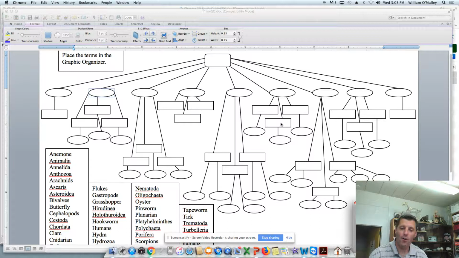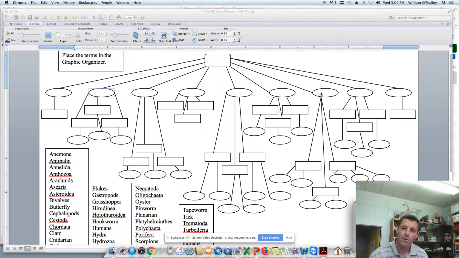What's another class of segmented worms or annelids? Angel? Hirudinea. And what does Hirudinea include? Leeches. Wait, what was it? Hirudinea. Leeches. The next group, Jackson. Oligochaeta, and that includes earthworms is right.